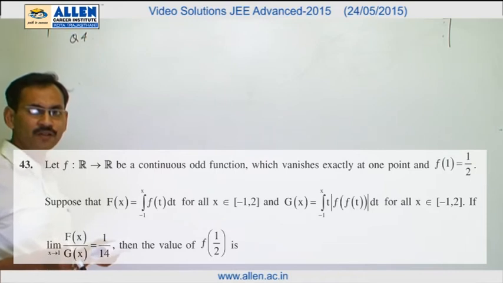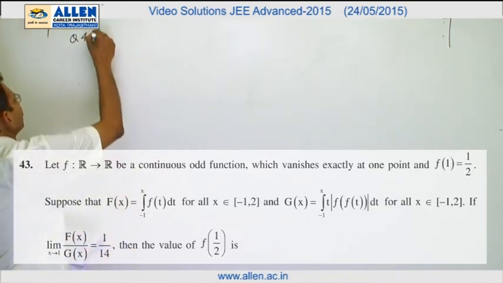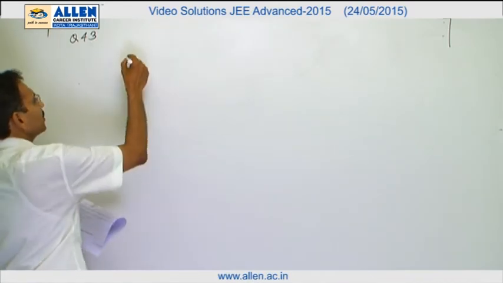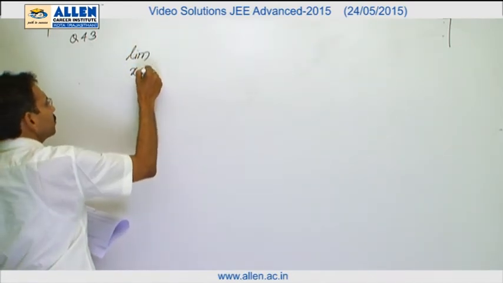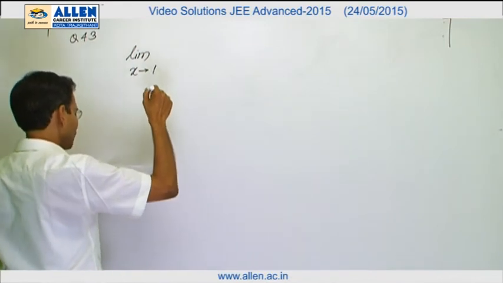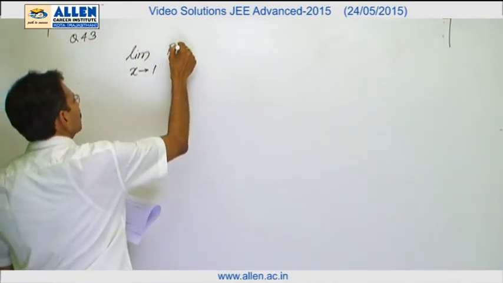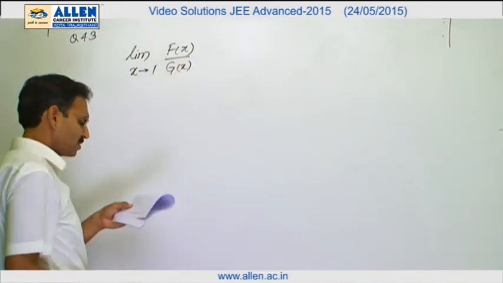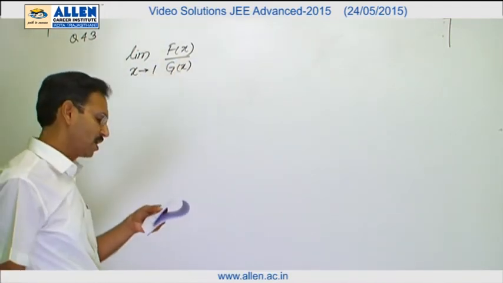Question number 43. You have to find the limit x approaching 1, capital Fx upon capital Gx, in such a way that it develops the value of small f half.